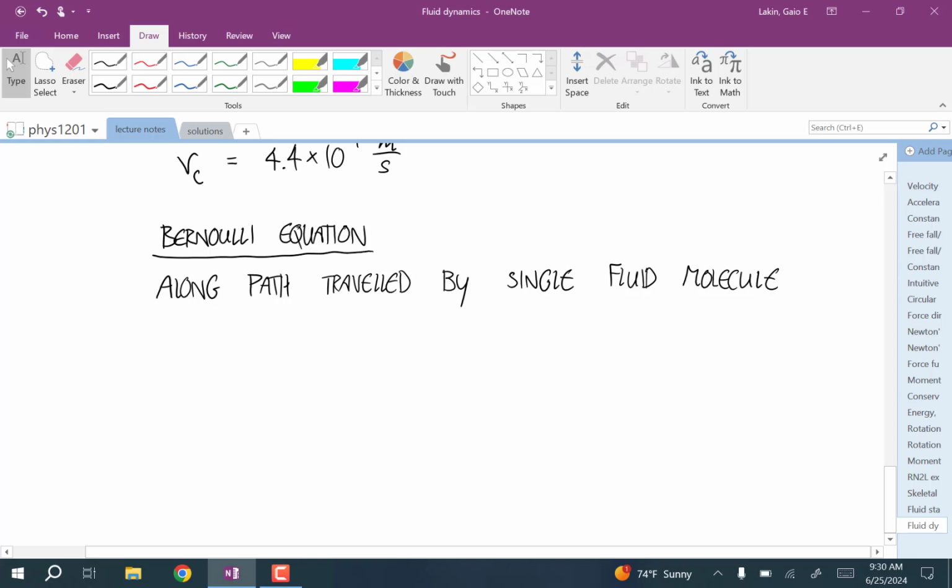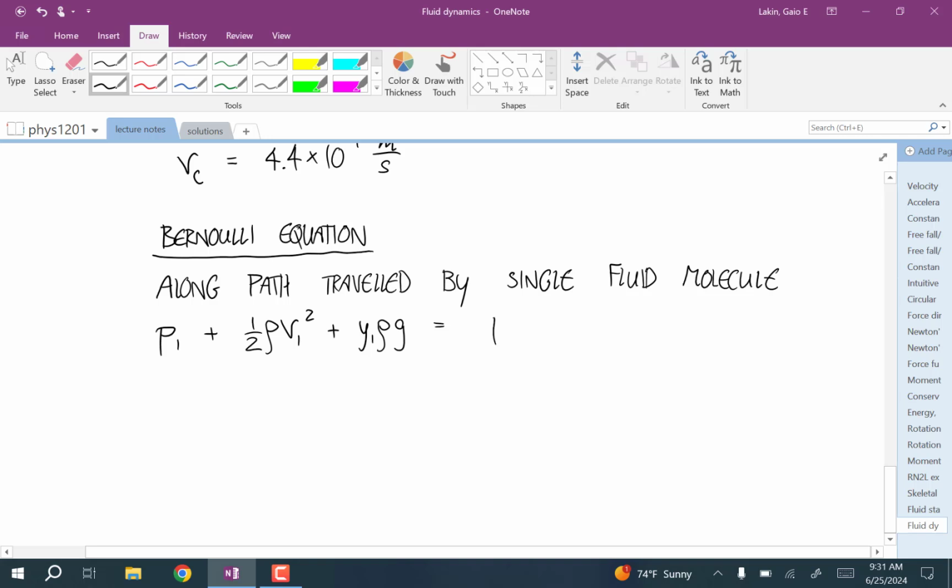And Bernoulli's equation, I'm not going to go into the derivation of this, although you can do it from Newton's second law. But it says that at one location, the pressure in the fluid plus 1/2 times the density of the fluid times the speed squared plus the height of the fluid times the density times the acceleration of gravity is equal to the same thing at any other location along this path.